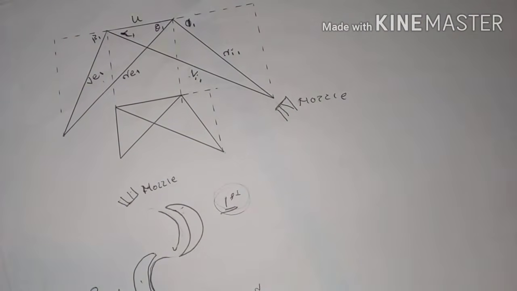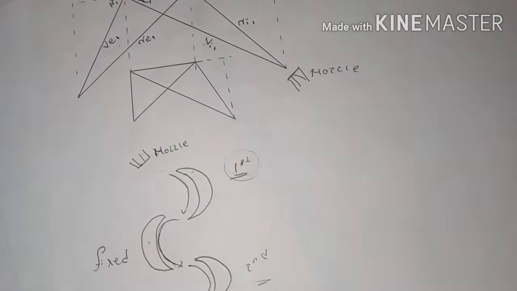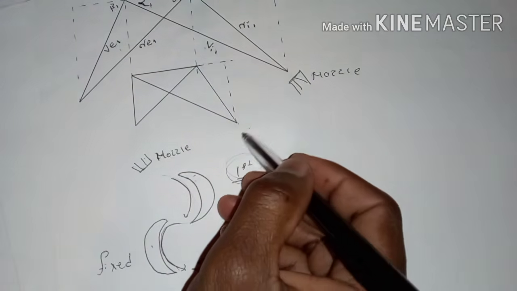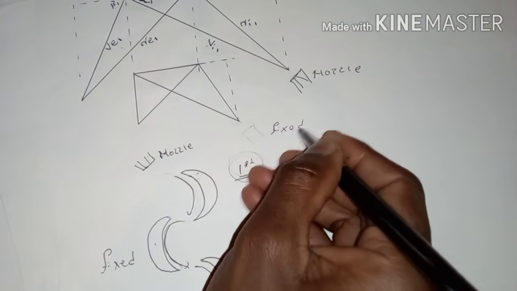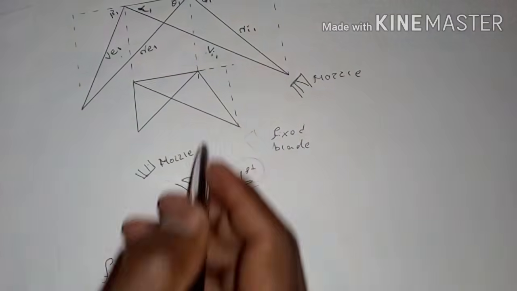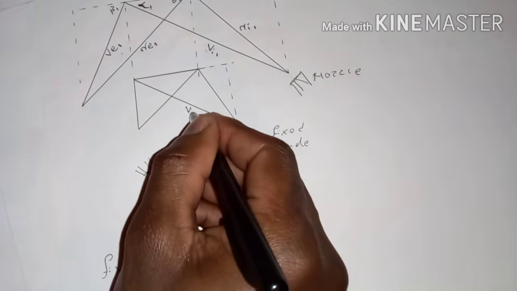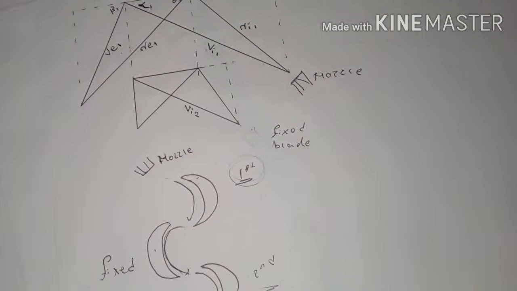Let's take the fixed blade as our nozzle. The steam is entering at V initial. Now we are dealing with the second stage, so we are going to put number 2.